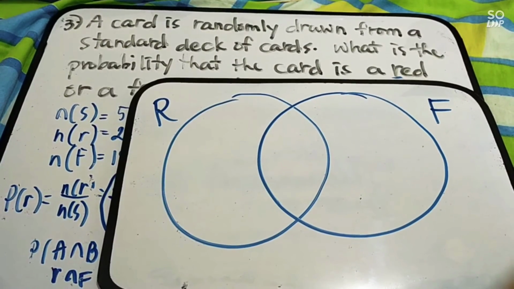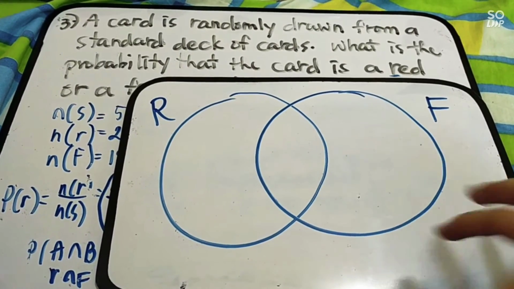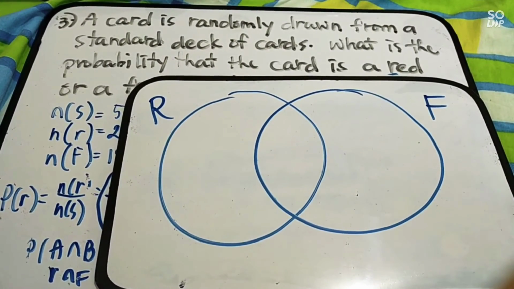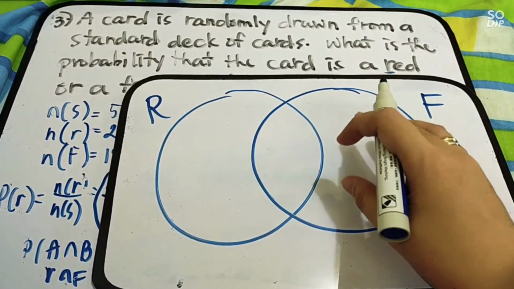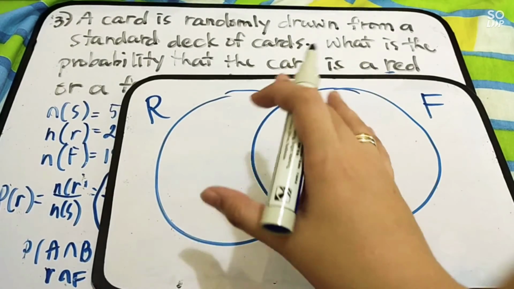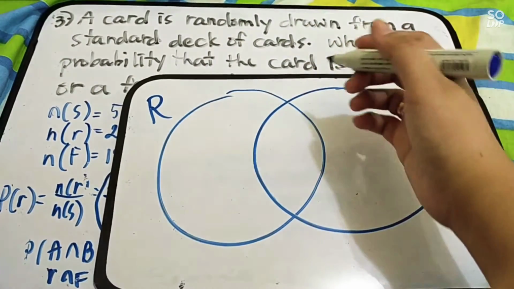Kung naman ikaw ay nalito sa pagkuha ng intersection ng red at face card, pwede ka naman gumamit ng Venn diagram. So, lagay mo lahat dito ng faces ng cards. So, sino-sino ba yung faces ng cards na color red para dun sa intersection?